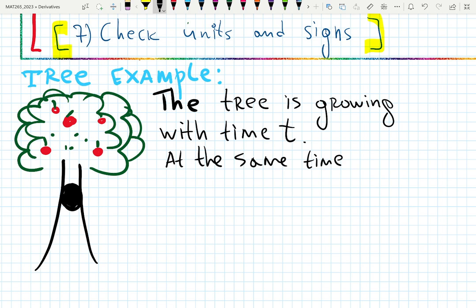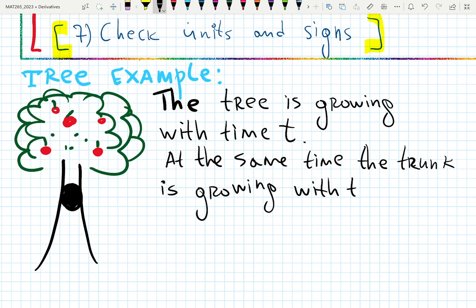So let's choose one, which is the trunk. At the same time, the trunk is growing. I'm choosing this one because I have a formula that connects height and trunk. The trunk is growing with time t.